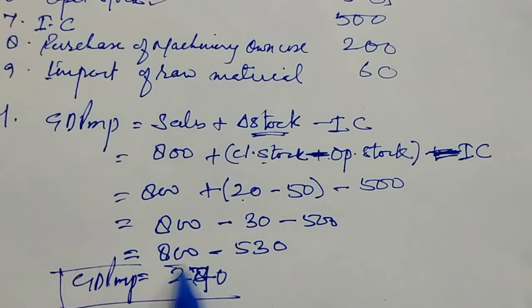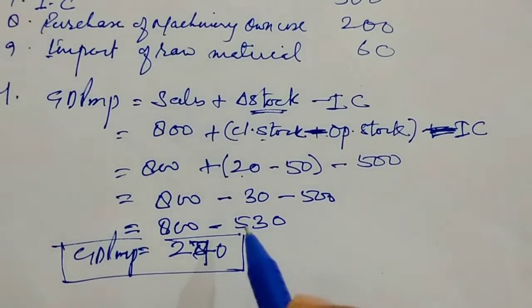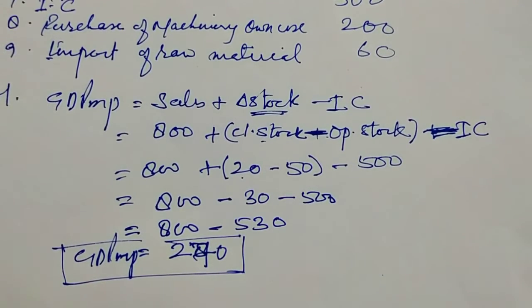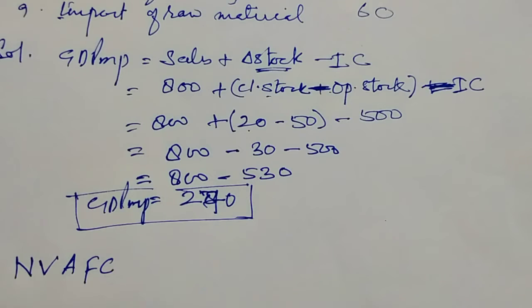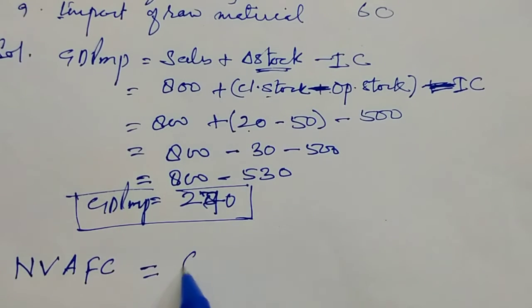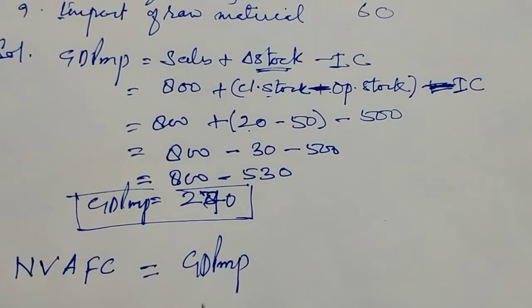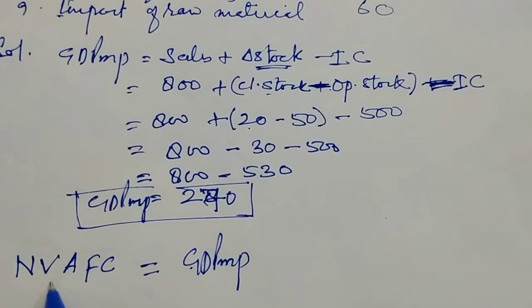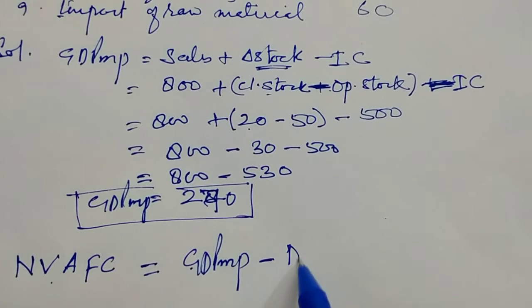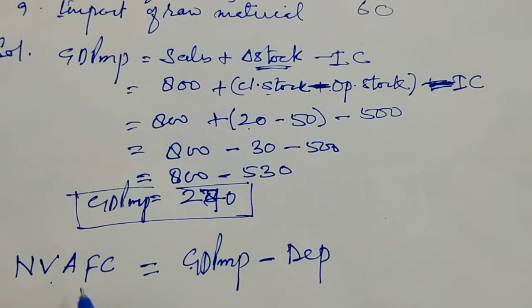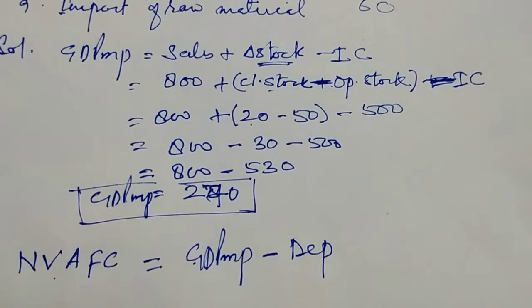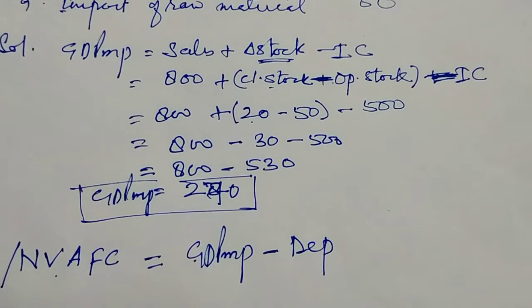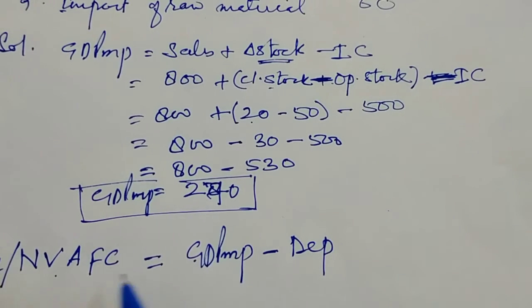Okay, now we need to calculate net value added at factor cost, NVA at FC. The value of GDP at MP is given. Gross to net, we need to subtract depreciation, and this is NDP.